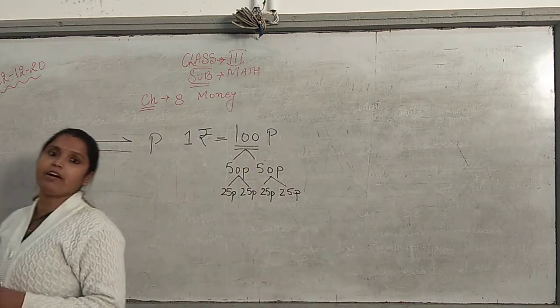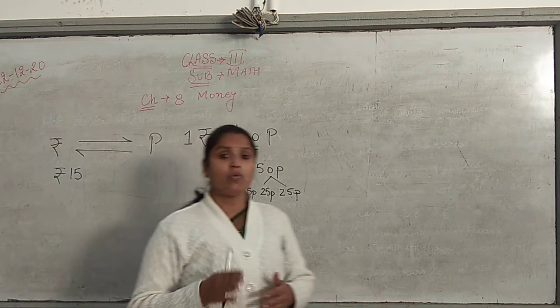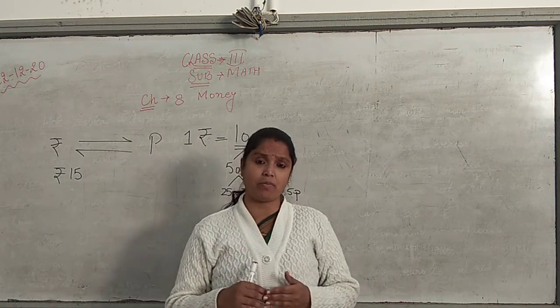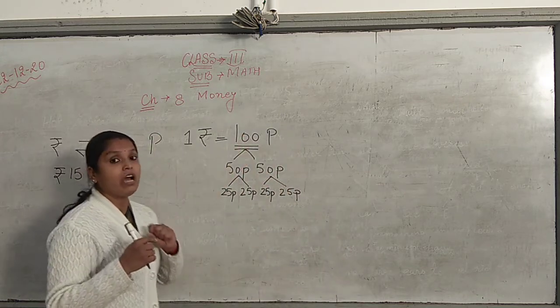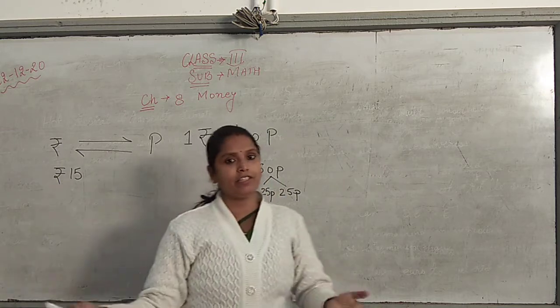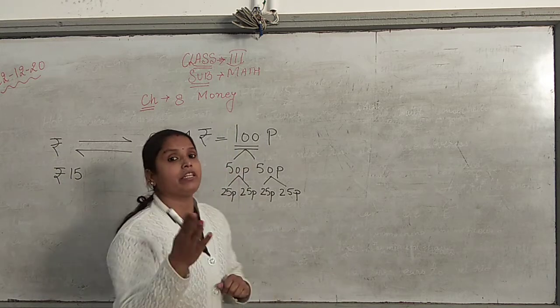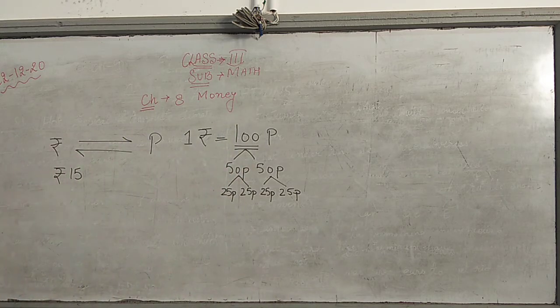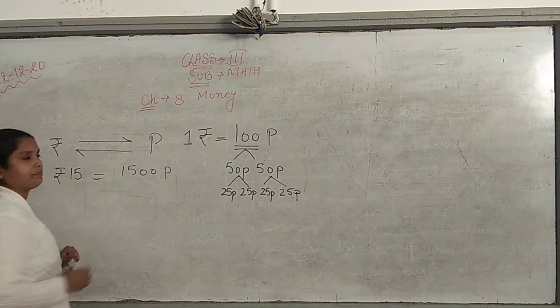Similarly, 4 rupees have 400 paise, 5 rupees have 500 paise. Whatever the number of rupees we are talking about, we multiply that many times with 100. So 5 times 100 is 500, 4 times 100 is 400, 2 times 100 is 200. Similarly 15 times 100 gives you 1500 paise.